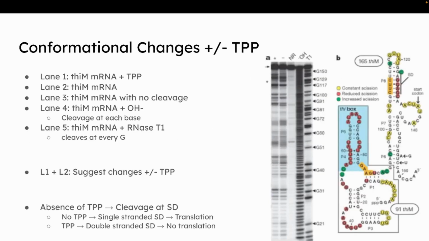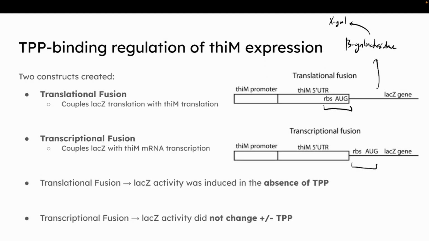We know that in the presence of TPP, we get double-strandedness at the Shine-Dalgarno sequence, preventing ribosome binding and therefore preventing translation. Contrary to that, when there is no TPP, no thiamine, we see that there's a single-stranded Shine-Dalgarno sequence, which leads to translation, because the ribosome can bind. And now it's confirmed in the experiment where we made two constructs.